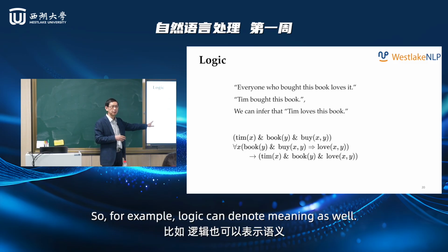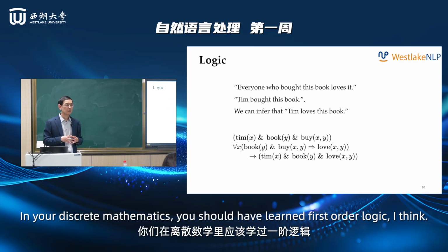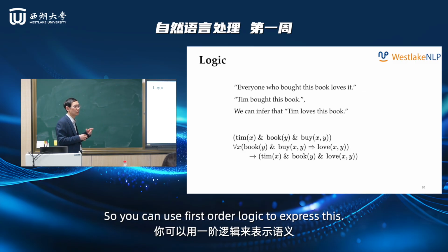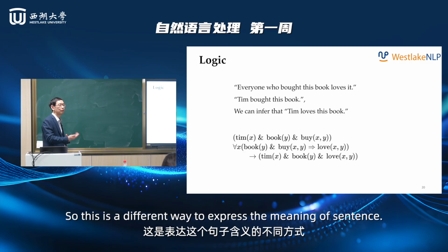So for example, logic, right, can denote meaning as well. In your discrete mathematics, you should have learned first order logic, I think, right? So you can use first order logic to express this. Like Tim bought this book. So I can say Tim X, book Y, and buy XY. All right? So this is a different way to express the meaning of a sentence.